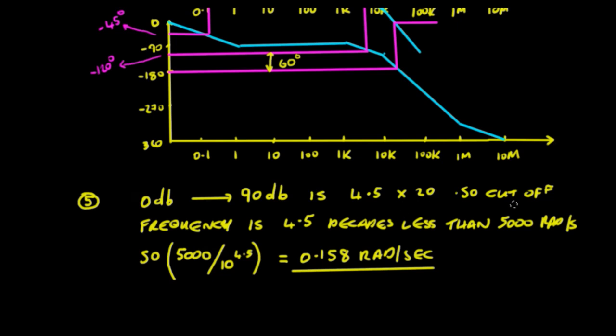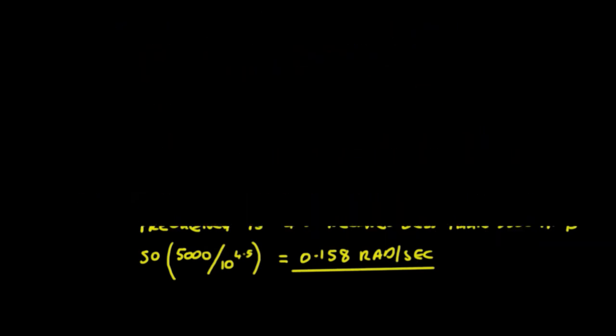So it means the cut-off frequency is going to be 4.5 decades less than the 5000 radians per second. So we can say that it's going to be 5000 upon 10 to the power of 4.5, which is approximately equal to 0.158 radians per second.